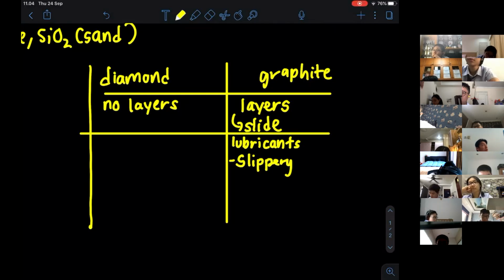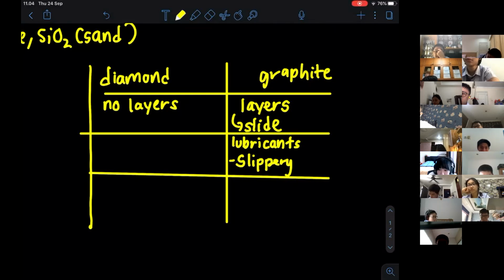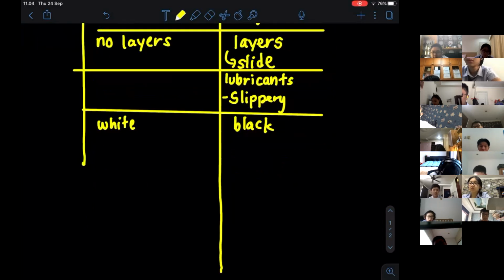And then for graphite, what else can I compare? Graphite is black. Generally diamond is white, but it comes in more different colors, as you can see from my video, the one that I did previously.